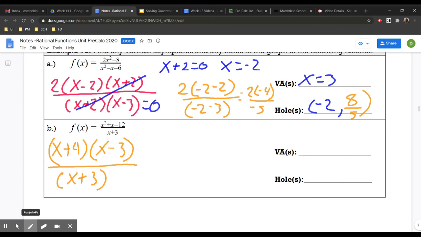If nothing crosses out, then you don't have any holes. Your vertical asymptote, though, is always setting what's left in the denominator after simplifying equal to 0. So if nothing can be simplified, then whatever is in your denominator set equal to 0 is your vertical asymptote. There we go. So that's it.